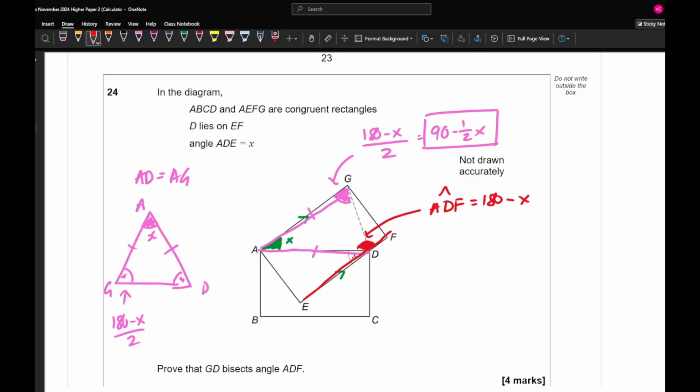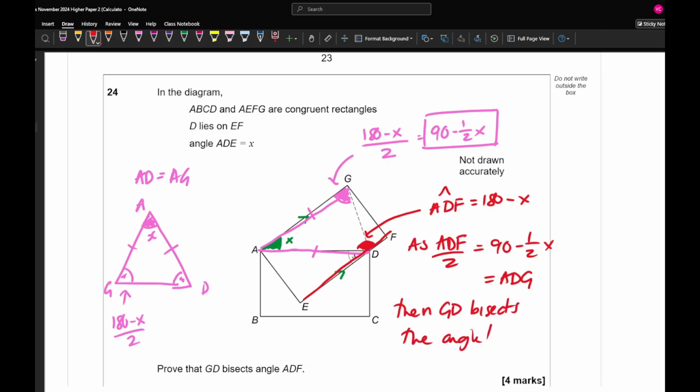Now if I divide that by 2, ADF divided by 2 equals 90 minus a half x, which also equals the angle of ADG, then BD bisects the angle ADF. And there is my answer for that one and the end of this paper.